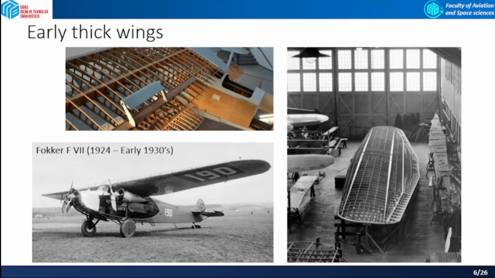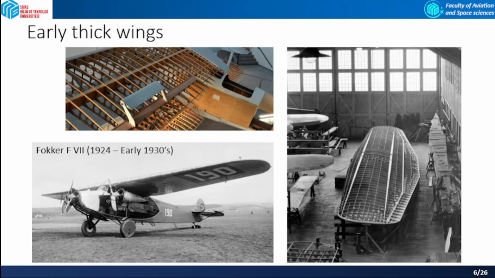In later years, for example, in the 1920s and 1930s, the thin wings actually were replaced by thick wings, mainly for aerodynamic reasons. This also gave the opportunity to use the inner space of the wing to create a strong and rigid wing structures.